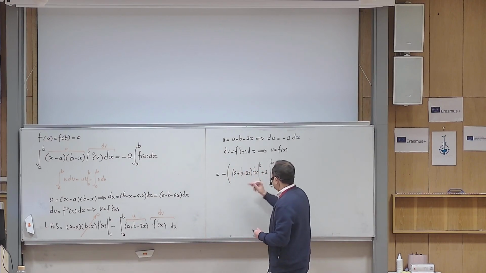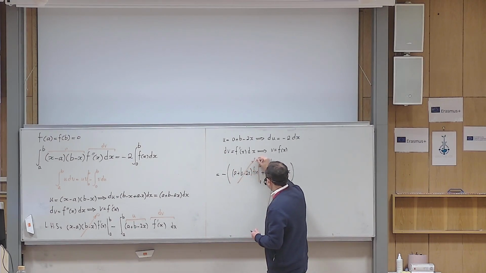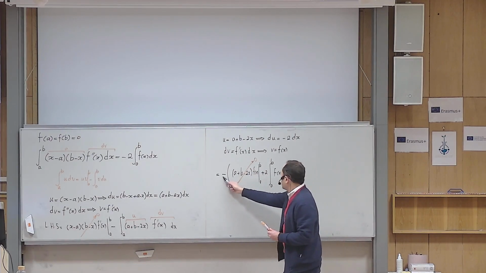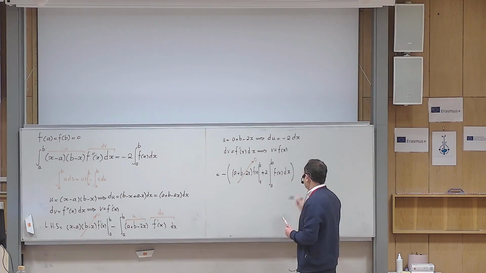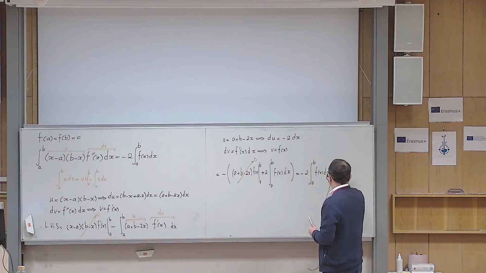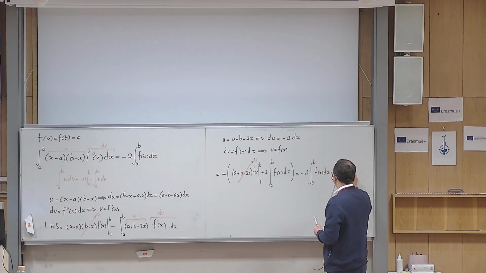So again, this so-called boundary term is actually 0, and then I will have this minus sign, which is supposed to be multiplied here. So this becomes minus 2 times the integral from a to b of f of x dx. And that is exactly equal to the right-hand side.